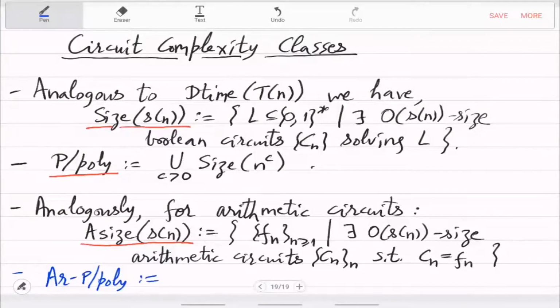The arithmetic P/poly is the union over arithmetic size n to the c, for every c. So you have P/poly, and now you have arithmetic P/poly.